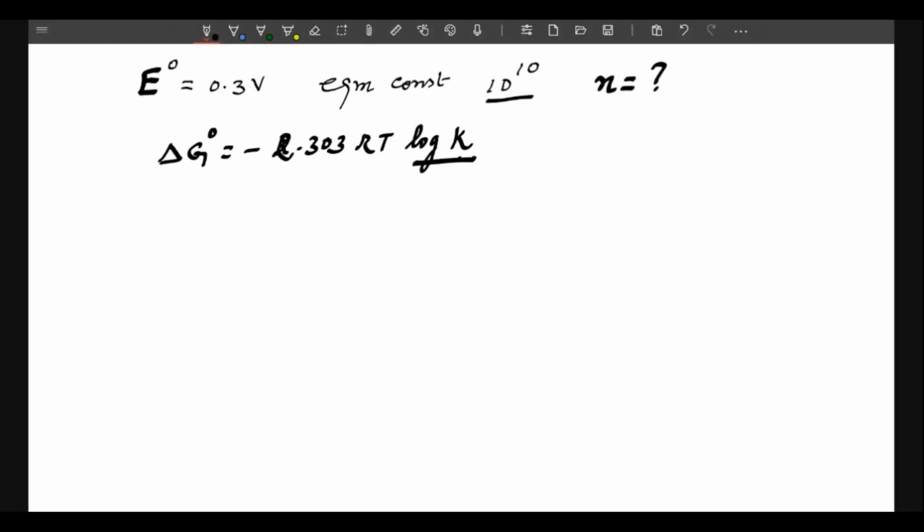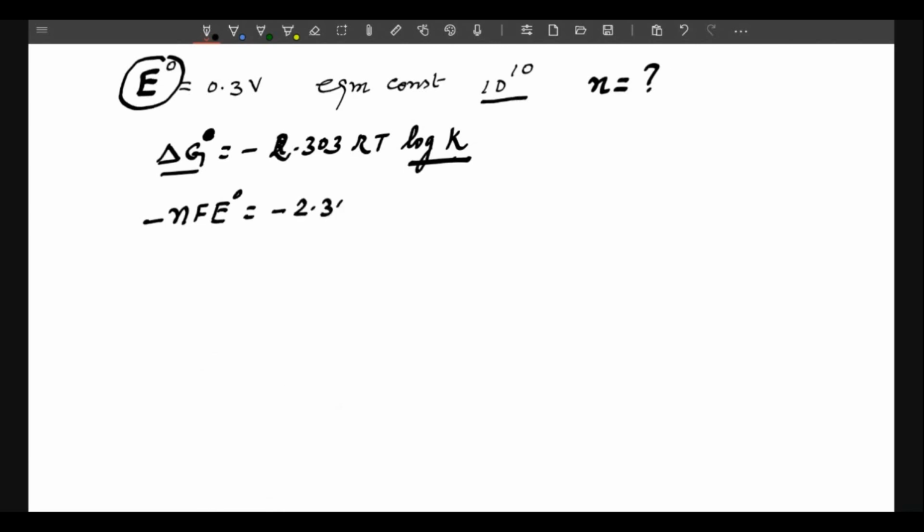Therefore, K can be calculated only from delta G naught. But delta G naught can be calculated from E naught. Therefore, in place of delta G naught, we write nF E naught is equal to minus 2.303 RT log K.